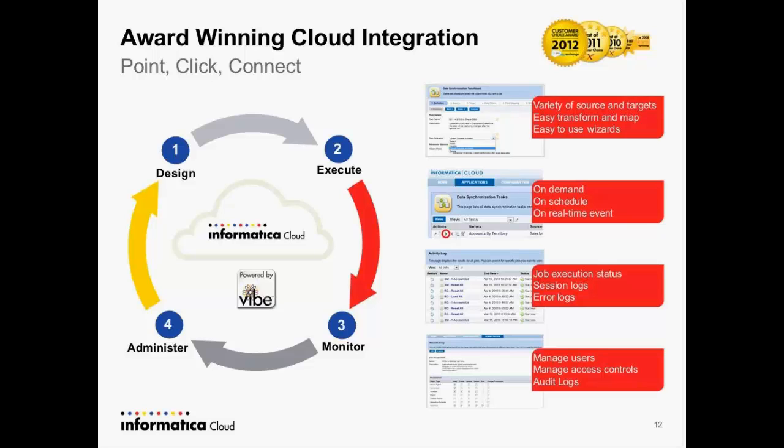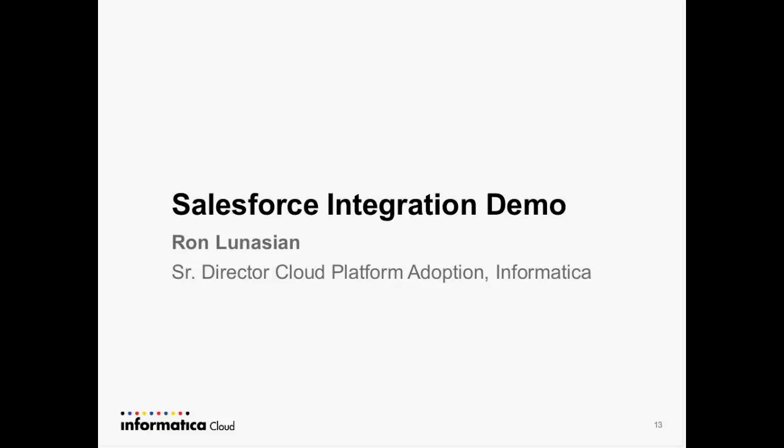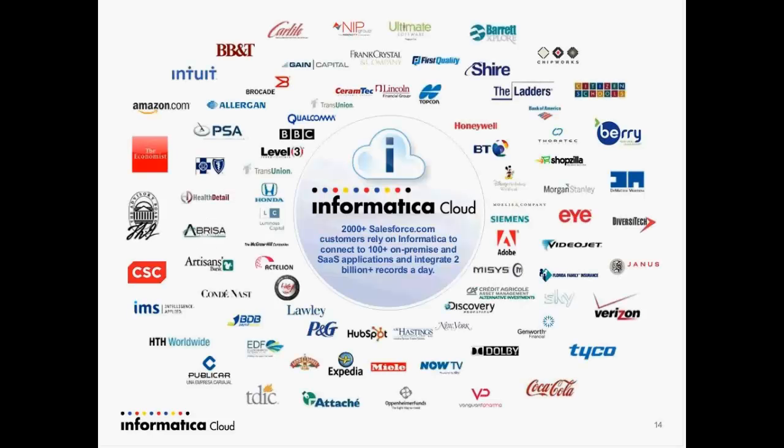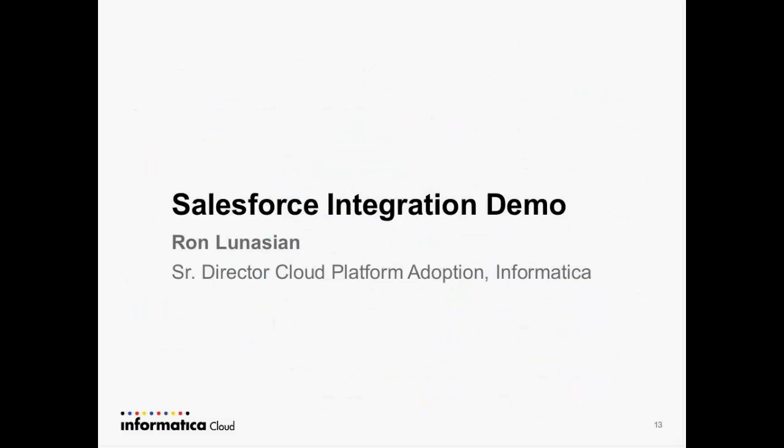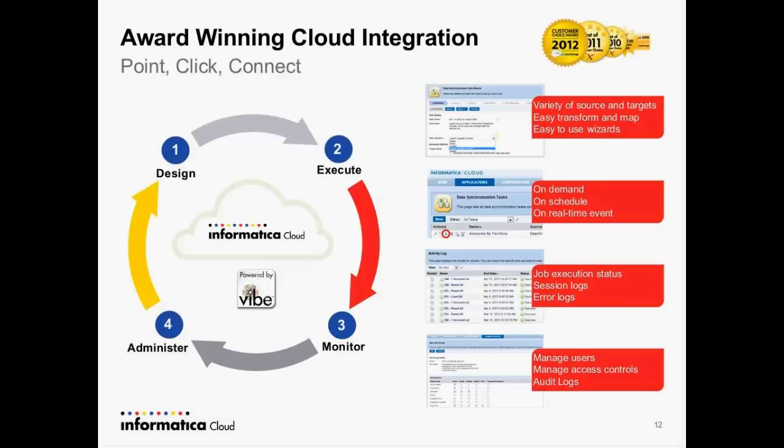Yeah, that's right. And I think this all goes back to the fact that Informatica Cloud is all built on top of something that we call Informatica Vibe. Informatica, historically, has been in the data integration space since the early 90s. So even though we have a separate cloud offering, it still leverages a lot of the core technology that Informatica has been providing over the years. And that's why you see we don't just have the standard integration, what you would expect, source, target, mapping, rules.